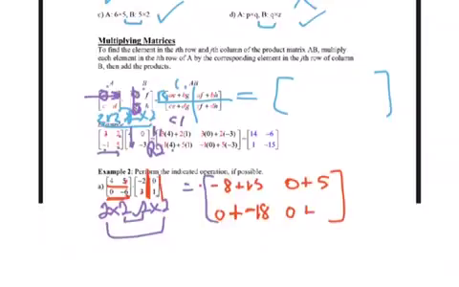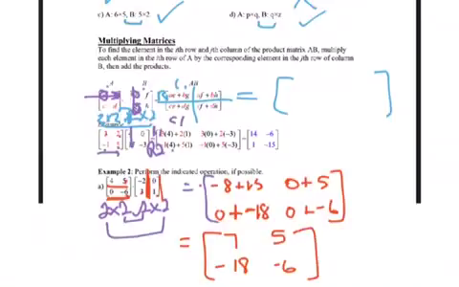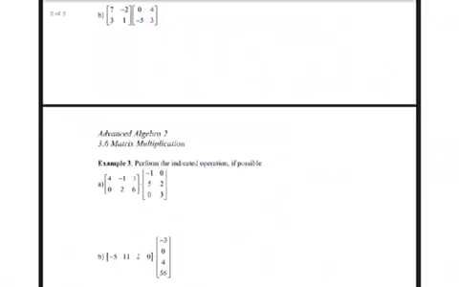Negative 6 times 1 is negative 6. So I'm going to combine all that stuff together. So I've got negative 8 plus 15 is 7. 0 plus 5 is 5. 0 plus negative 18 is negative 18. And 0 plus negative 6 is negative 6. I want you to try B.